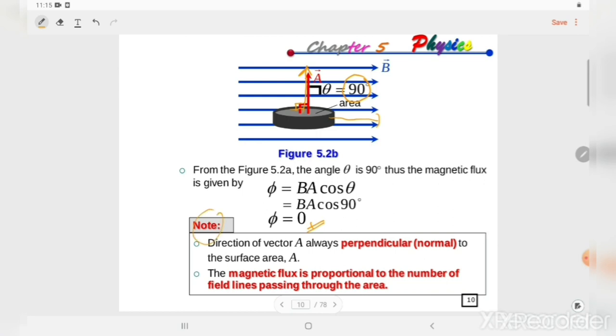As a note, you have to remember that the direction of vector A is always perpendicular or normal to the surface of area A. And the magnetic flux is proportional to the number of field lines passing through the area.